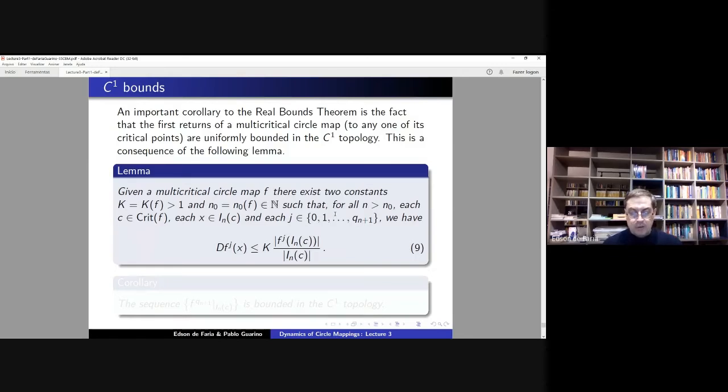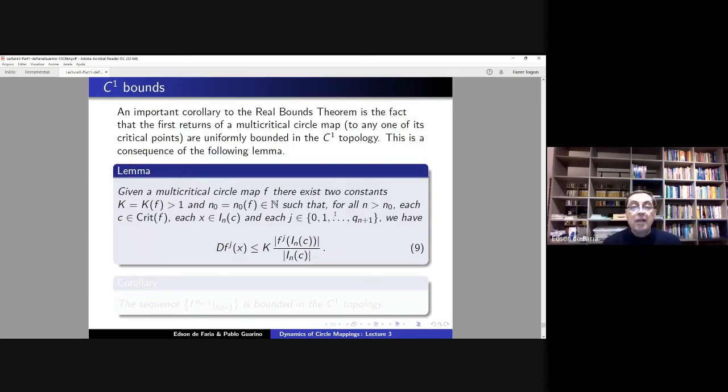So in other words, if you take the interval going from the critical point to f qn of the critical point, and take the next return, so you take I sub n on one side and I sub n plus 1 on the other side, and you linearly rescale this to unit size, the linear rescaling is not going to affect the derivative.